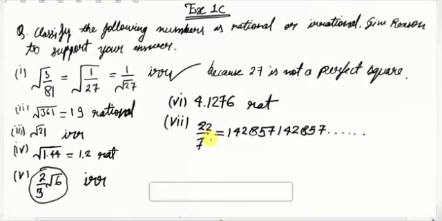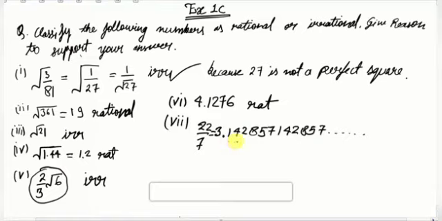Now question number 7, the famous number pi, but here the value of pi is 22 by 7. 22 by 7 is a rational number, but on actually dividing 22 by 7 you will get 3.142857, a recurring decimal.